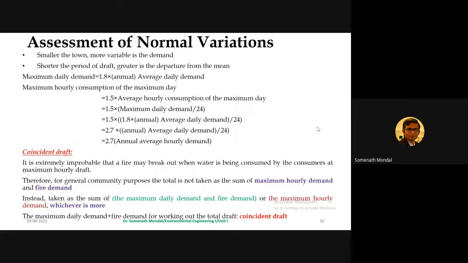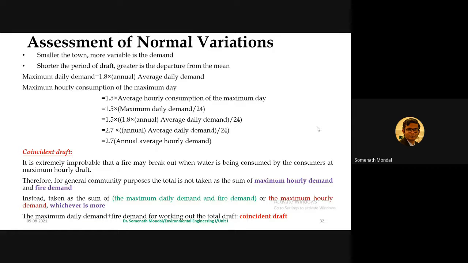So now we'll be talking about assessment of normal variations, and in the smaller town, more variability is there in the demand. So the shorter the period of draft, the greater is the departure from the mean. That is also very important to keep in mind.